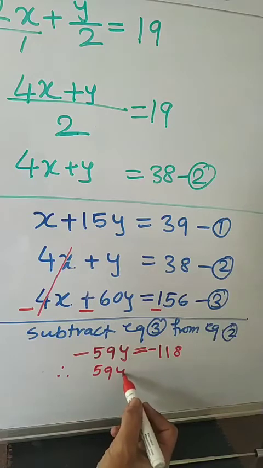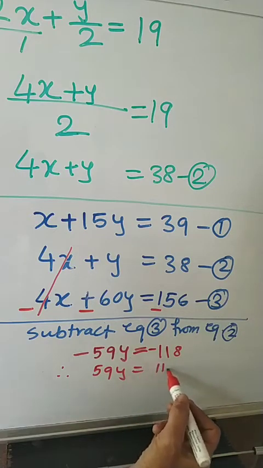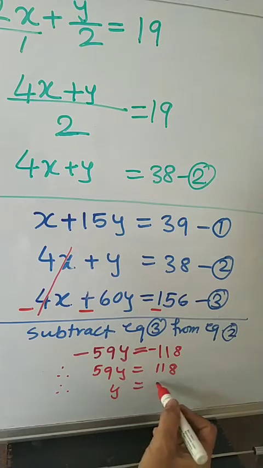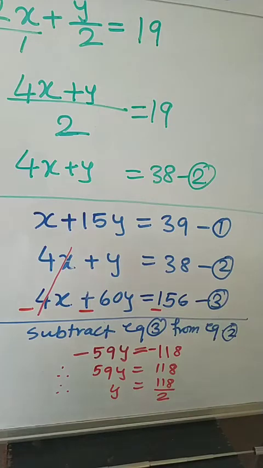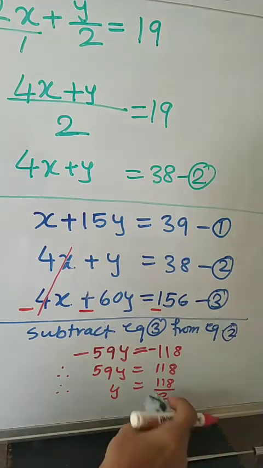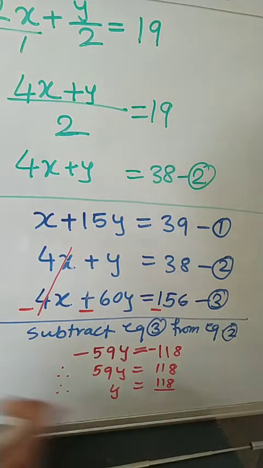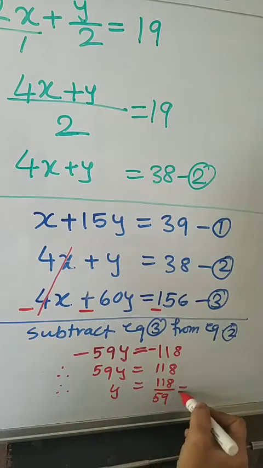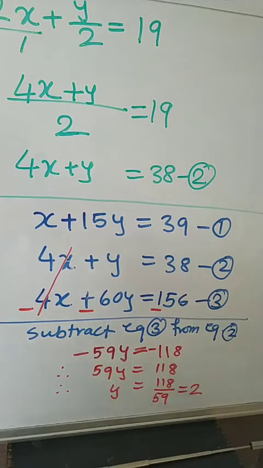We get 59y is equal to 118, and therefore y is equal to 118 upon 59, which is equal to 2. So this is how we have done the working.